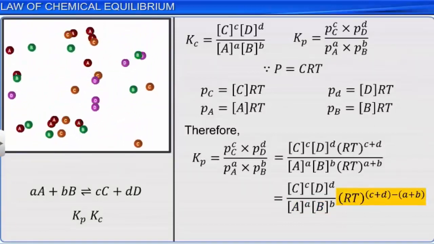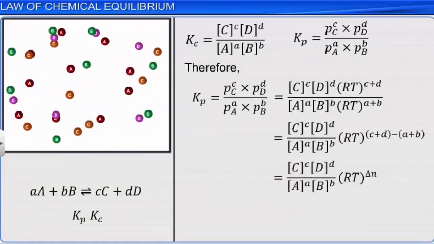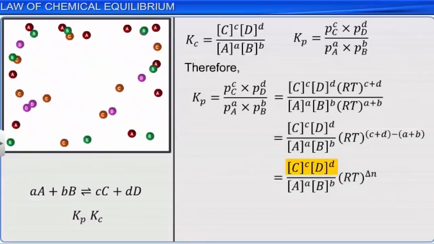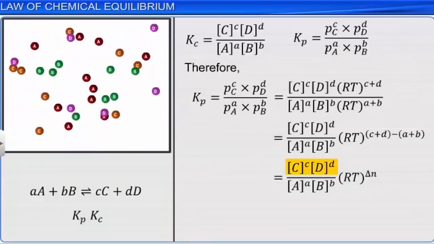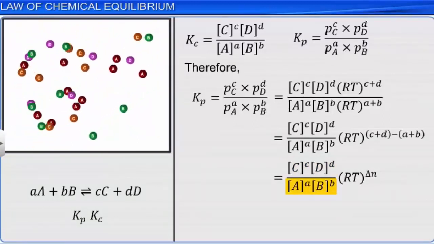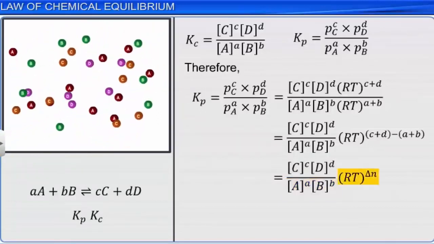This becomes equal to the product of the concentration of C raised to the power of c and the concentration of D raised to the power of d, divided by the concentration of A raised to the power of a and the concentration of B raised to the power of b, multiplied by the product of R and T raised to the power of delta n.